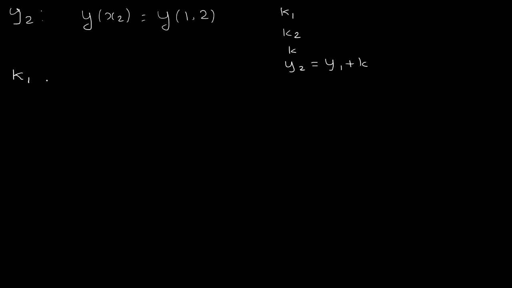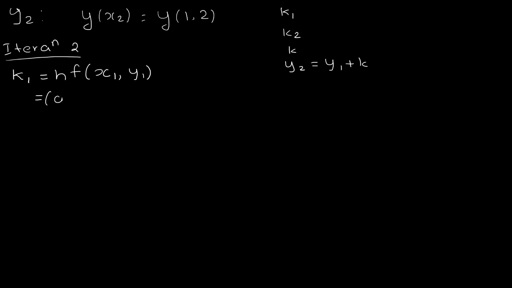K1, now in this case, will be h into f of x1 comma y1. Now I'm in iteration 2. In iteration 1, k1 was given by h of f of x naught comma y naught. In iteration 2, k1 will be equal to h of f of x1 comma y1.